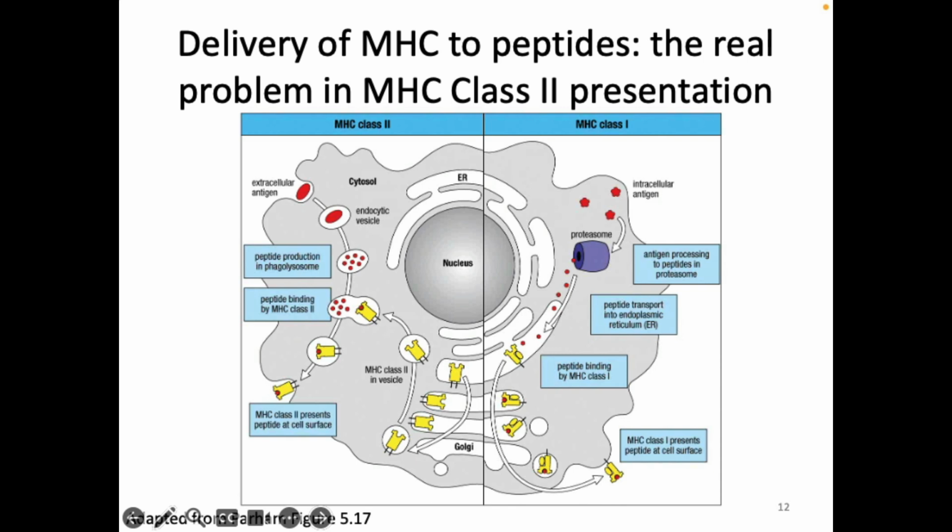So let's imagine for a second that one of these class 1 peptides bound to class 2, and then class 2 started to go through this pathway to further get presented. What would happen when class 2 made it here and encountered the peptides it was supposed to be binding?